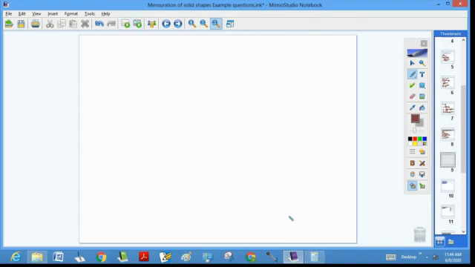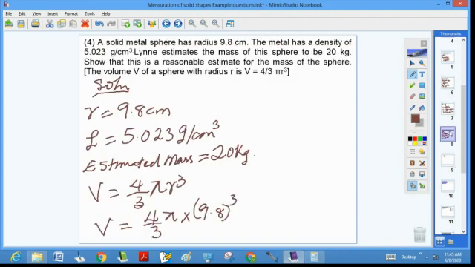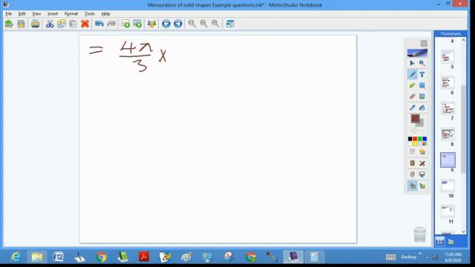So moving on, we have that to be equal to 4 pi over 3 times the value of 9.8 cube.